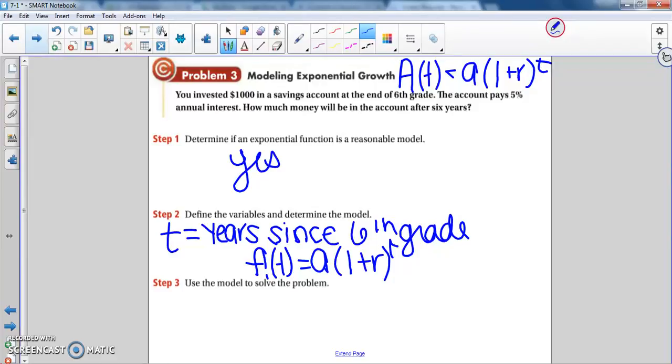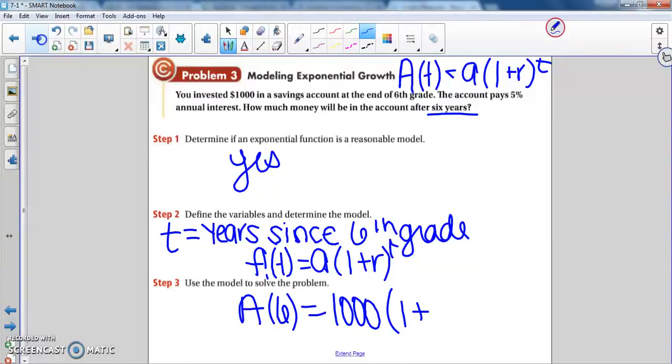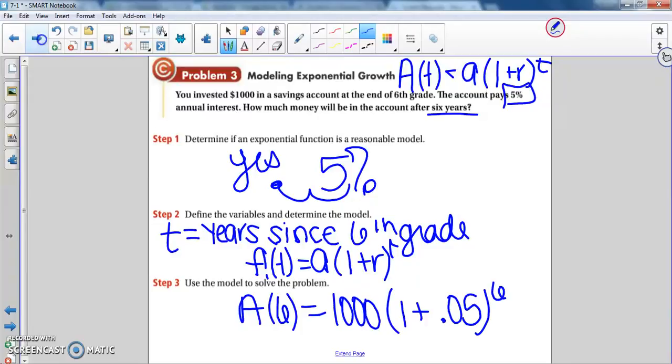So let's plug in what we know. We're trying to find A of 6, after 6 years, which is equal to our initial amount, 1,000, times 1 plus our rate. If our rate is 5%, we transform our percent into a decimal, so we move it over 2 places: plus 0.05, to the 6th power.